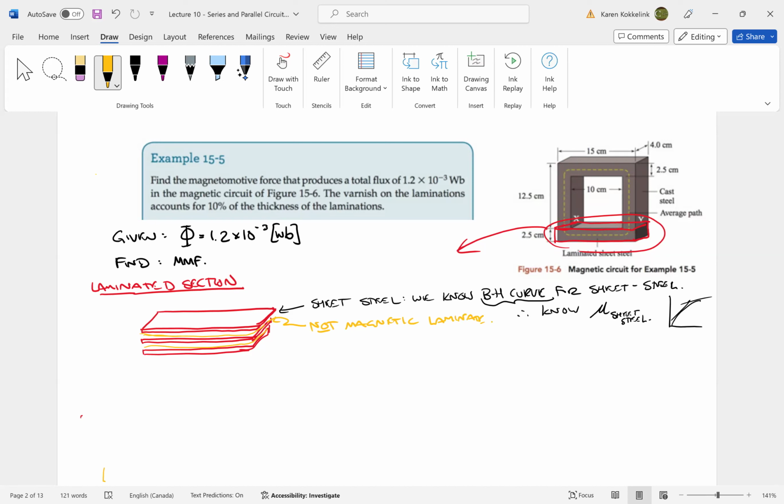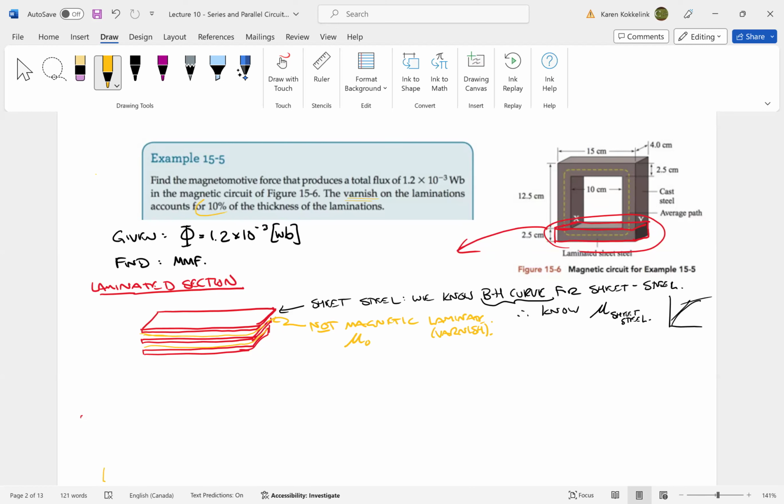And in the question, it doesn't say what these little strips are made out of. We know that they have the permeability of free space. And then we also know the varnish. Oh, it's varnish. It's made out of varnish, not fiberboard.